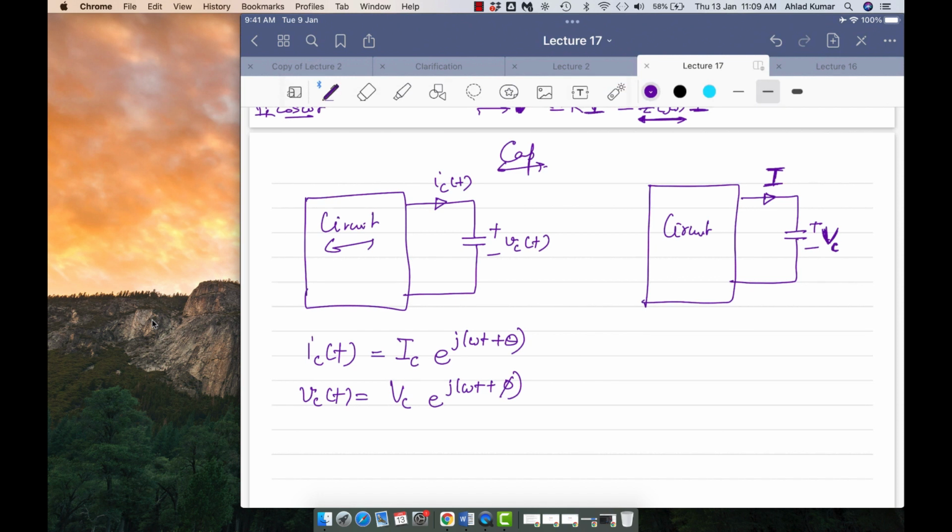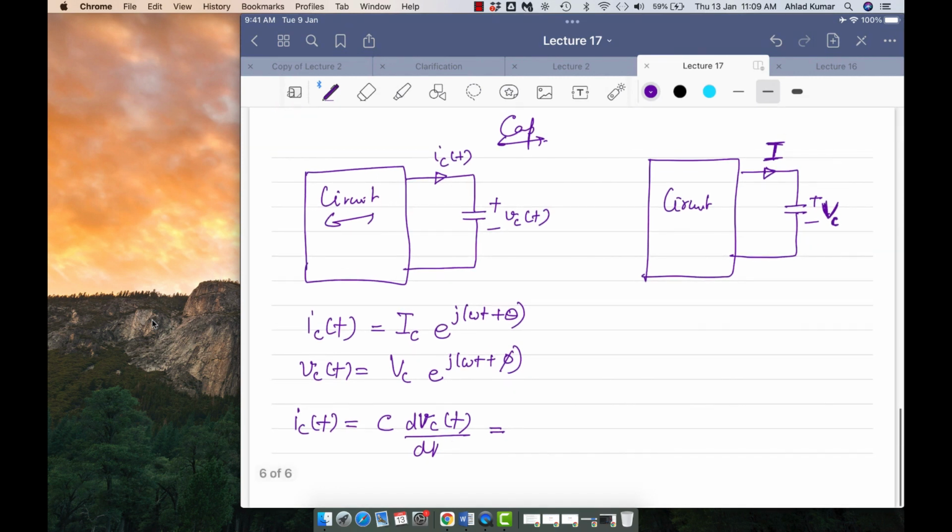So i_C(t), as you all know, is C dv_C(t)/dt, small v rather. So what is the answer here? Can anyone tell me, if I do this differentiation, C d/dt of V_C e^{j(omega t + phi)}, what is the answer here?